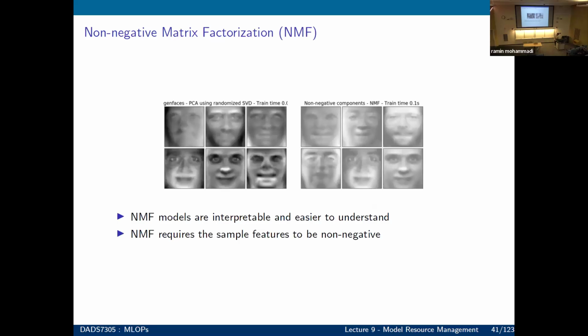So the next one is non-negative matrix factorization. The idea here is that we want to reduce the dimension of the data by breaking it down into two non-negative matrices. If X is your original data, X is basically constituted of two non-negative matrices.